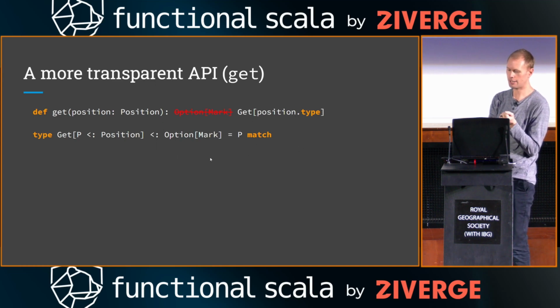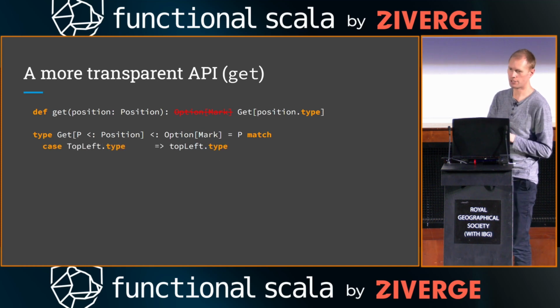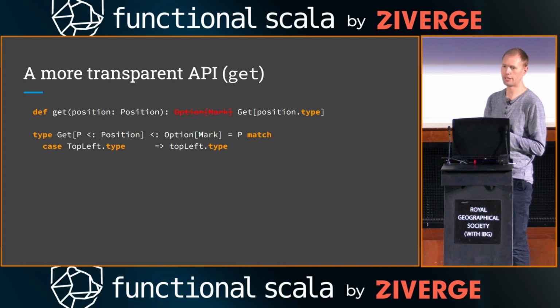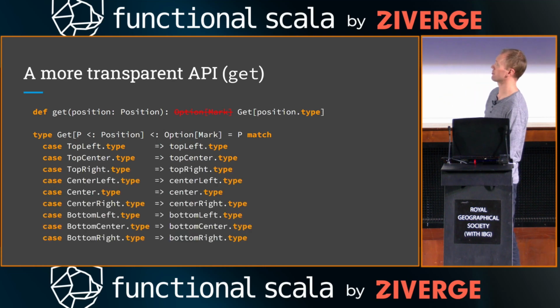So we can take that position P and we can match on it. So in the case of top left, if they give us a top left position, well, we're going to go ahead and reference that top left variable and return that type. We can specify that that is the type that they're going to get back. Likewise, for all the different positions they pass in, we can specifically tell them which type they're going to get out.